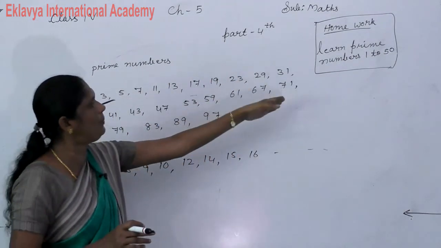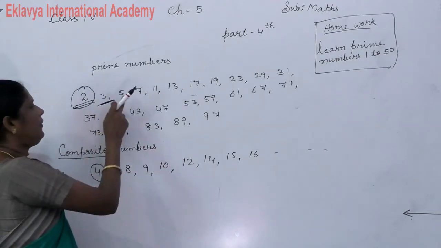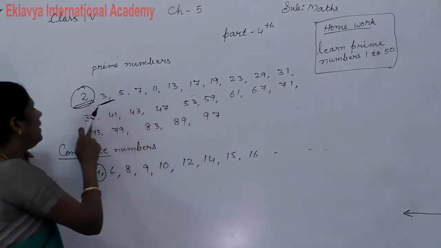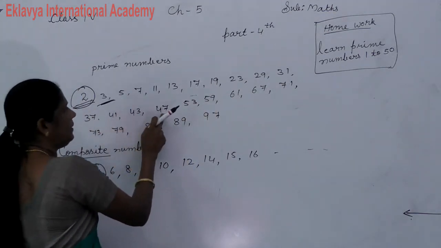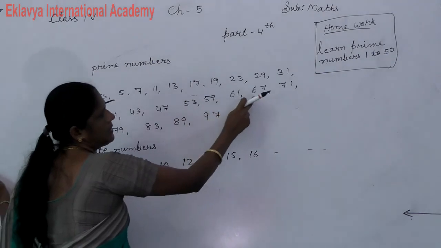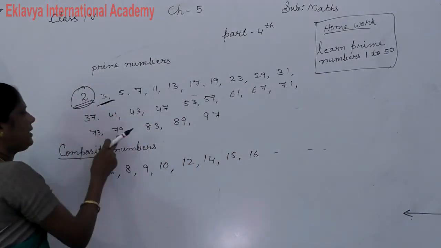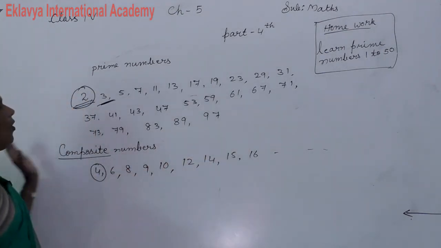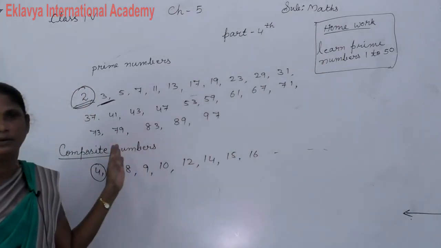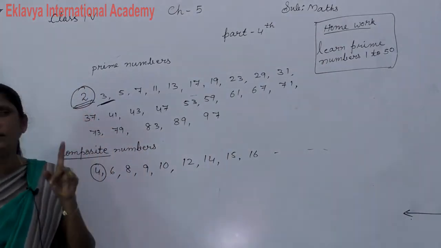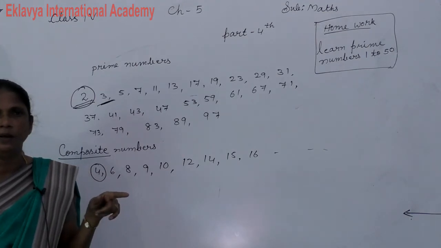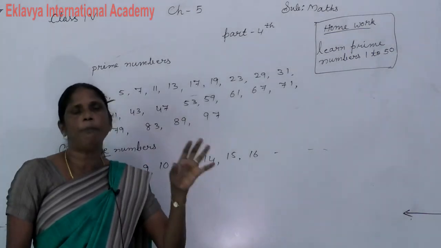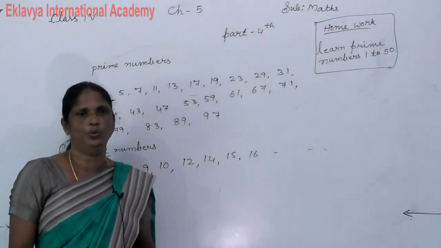All these are odd prime numbers: 3, 5, 7, 11, 13, 17, 19, 23, 29, 31, 37, 41, 43, 47, 53, 59, 61, 67, 71, 73, 79, 83, 89, 97 up to 100. All are odd numbers, but 2 is an even number. Therefore, the smallest even prime number is 2.